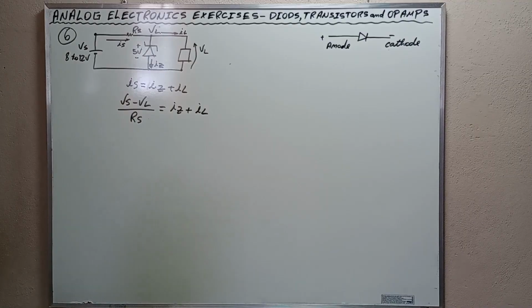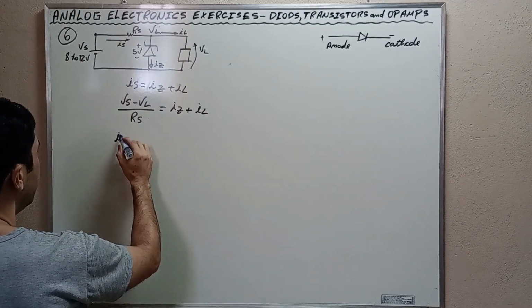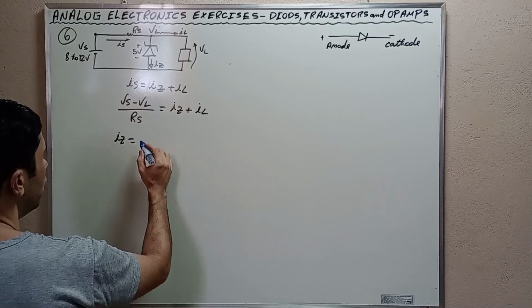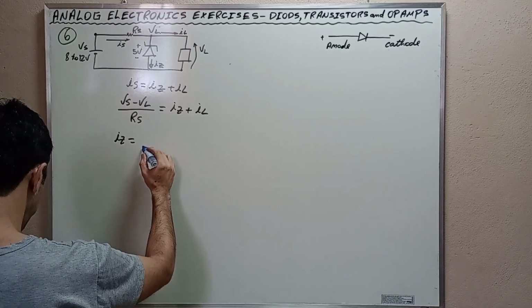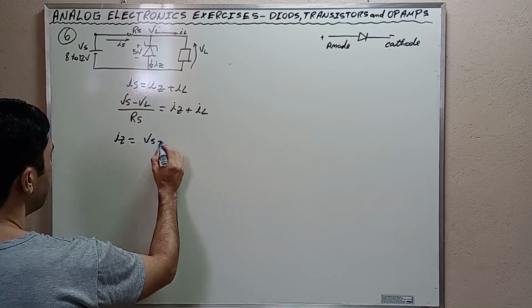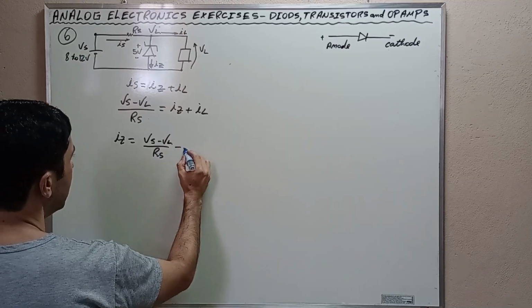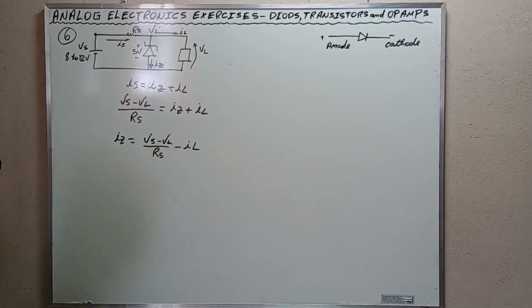And in this way, the current of the Zener diode, Iz, is equal to Vs minus VL divided by Rs, minus the load current. Okay, this is the current of the Zener diode.